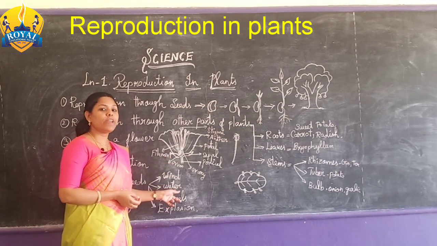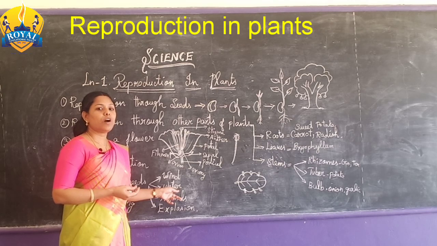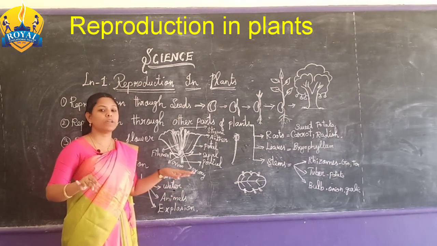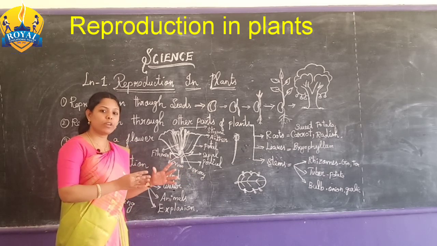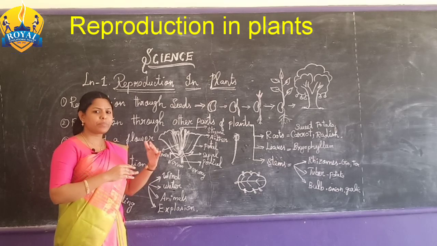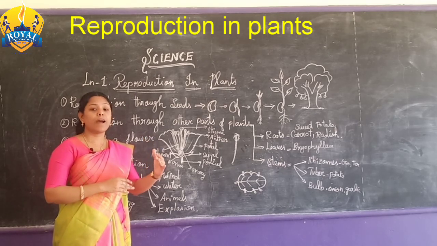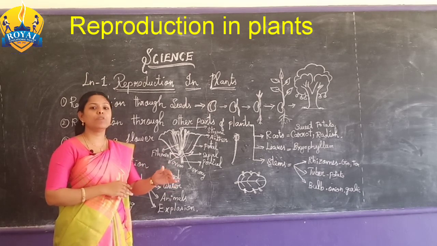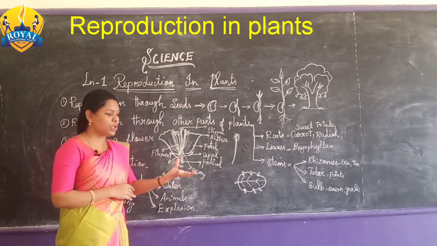By water, for example the coconut: often at the beach you see coconuts floating on the water. The water carries the coconut far away from the parent plant, and it reaches a faraway place, settles on the ground, and gives rise to a new plant.